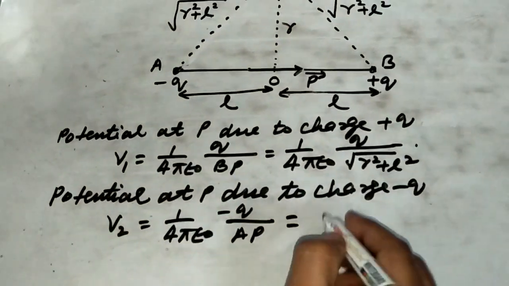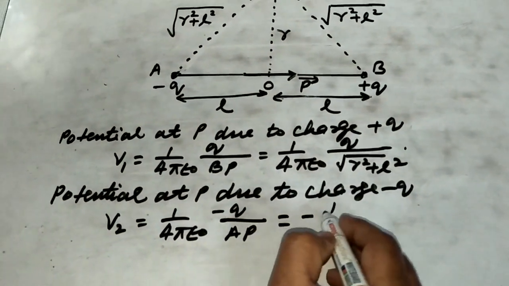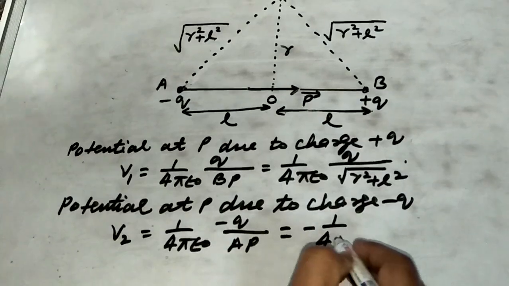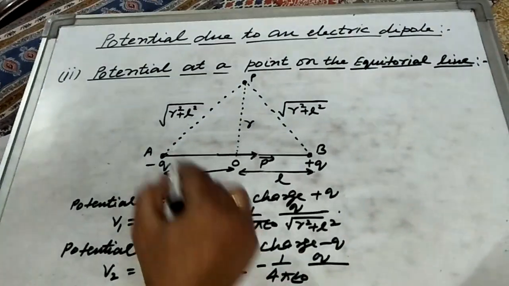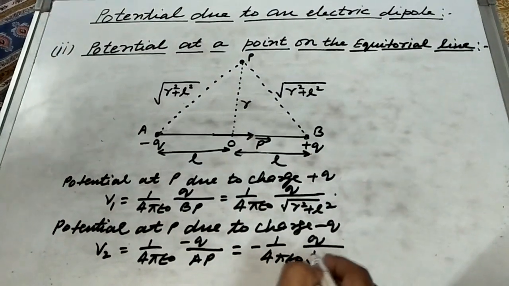Or you can say this is equal to minus 1 upon 4 pi epsilon naught Q upon root r square plus L square.